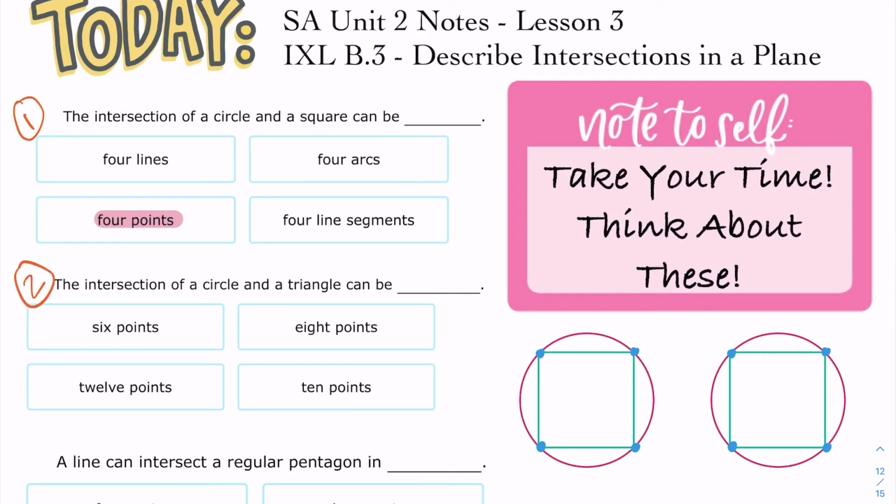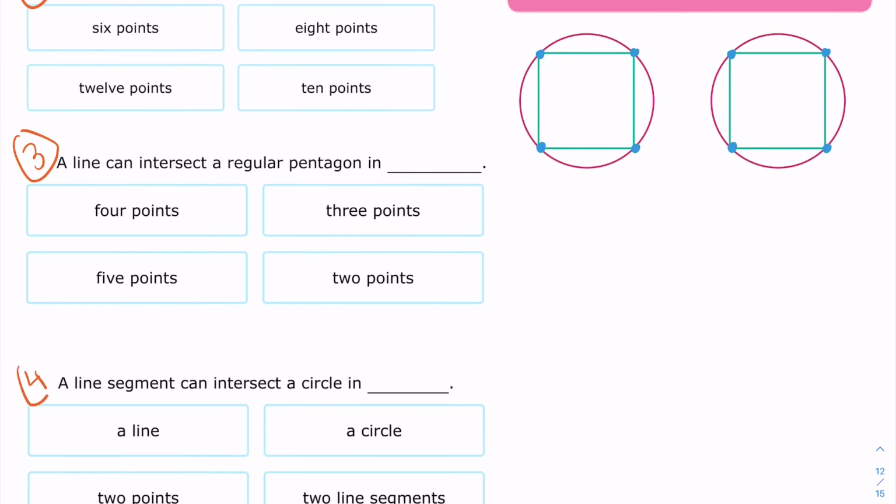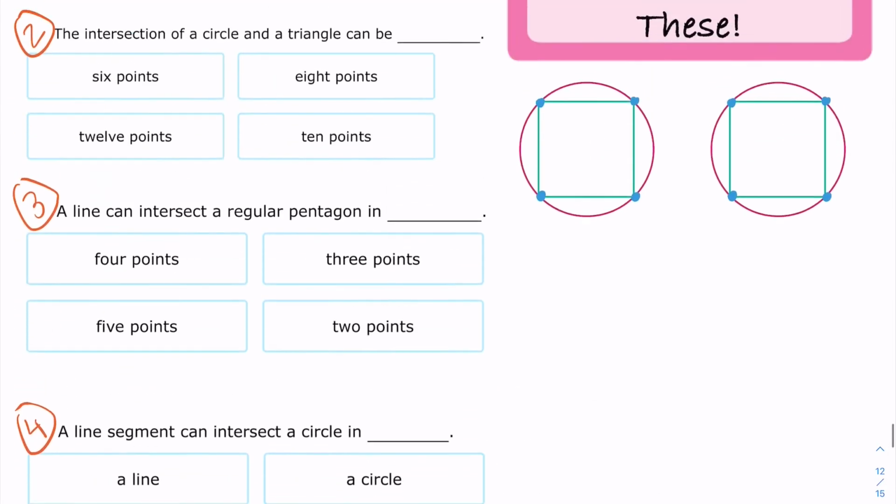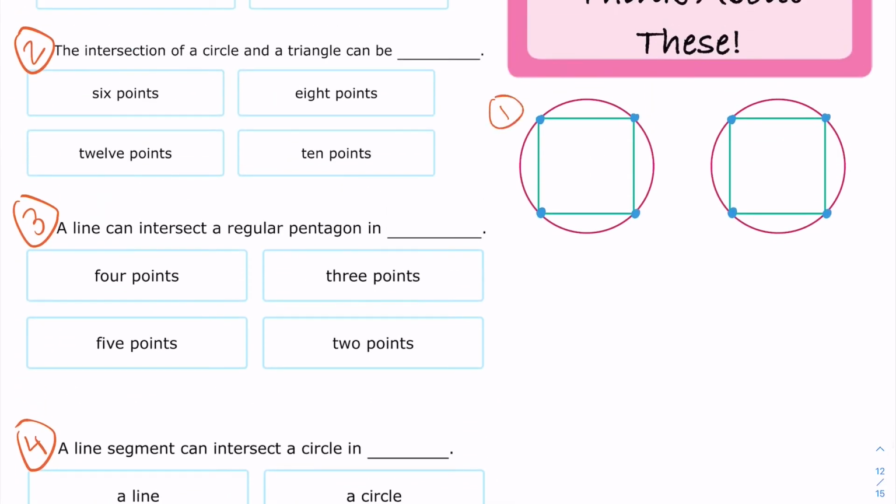Here's 2. Here's 3, because I don't have much space there. Here's going to be 4, and then this one would be 5. So I'm thinking I'm going to draw a triangle, and I'm going to intersect it. I'm going to intersect and get 3 points, but that's not an option, and I'll show you why.